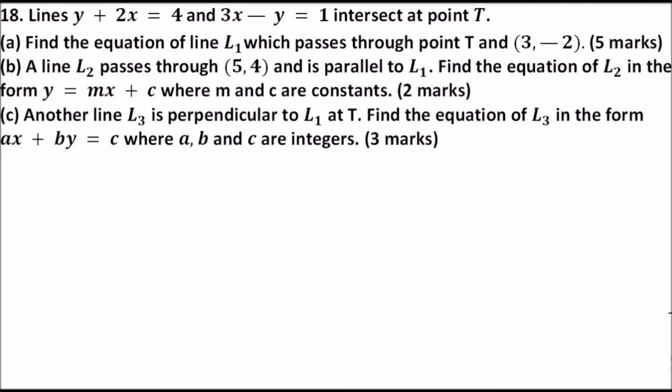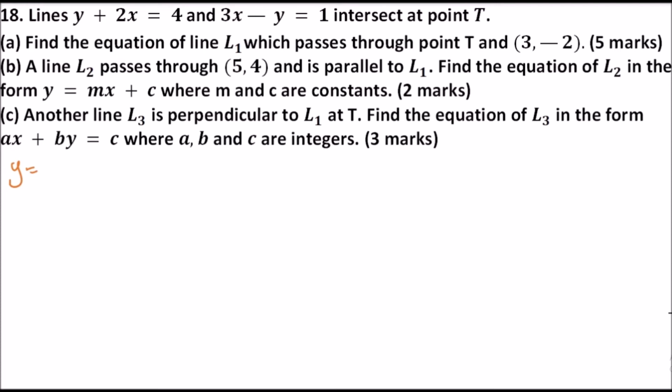The first thing we do is, if these two lines intersect at T, then the values of x and y at T are the same for both lines. So we can write our first equation, y is equal to minus 2x plus 4, taking 2x to the other side.